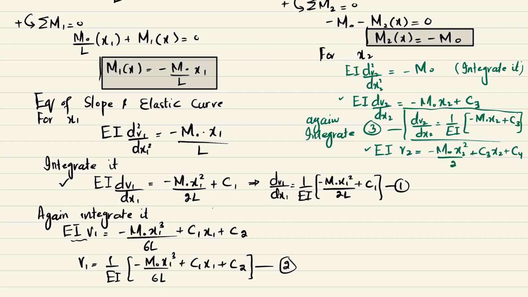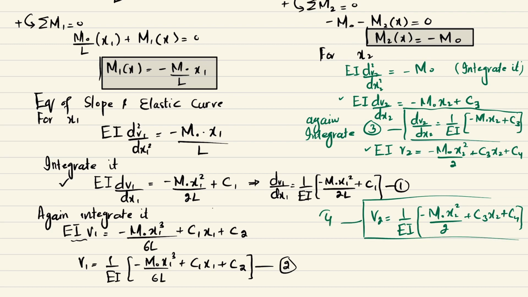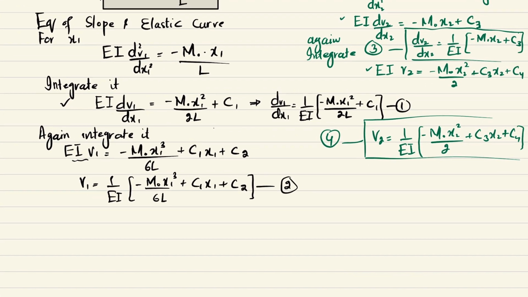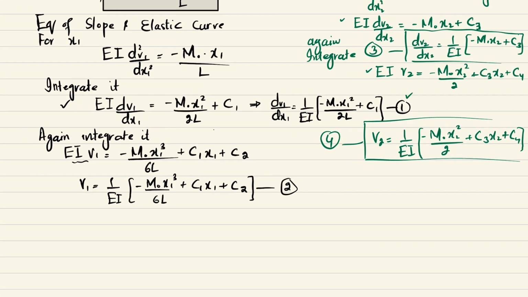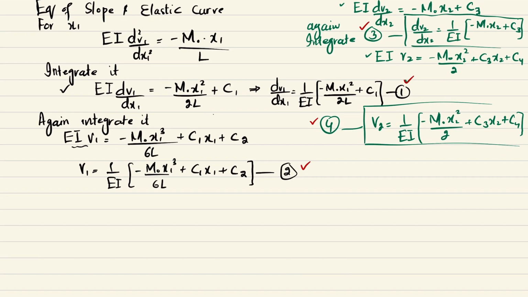And if you divide by EI on both sides, you will get V2 is equal to 1 over EI into minus M naught x2² over 2 plus C3 x2 plus C4, and this is equation number 4. Now you can see that we have 4 equations, and 4 unknown constants C1, C2, C3 and C4. So we will apply boundary conditions in order to find these.